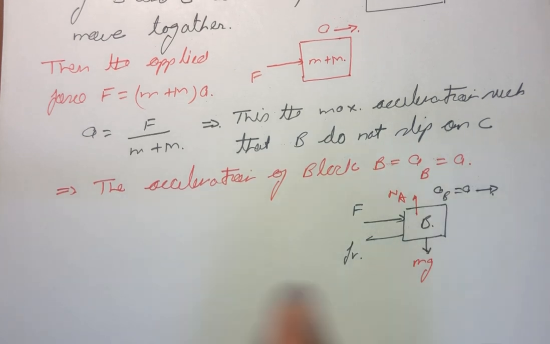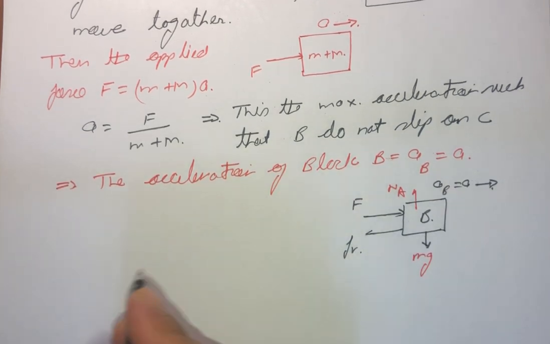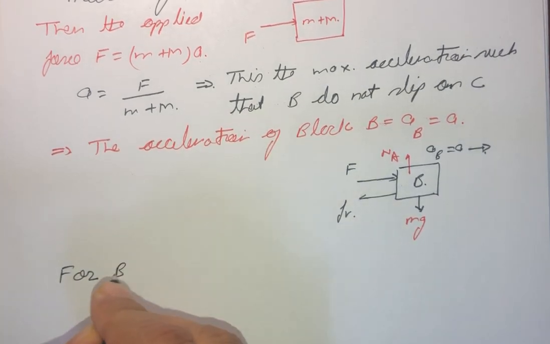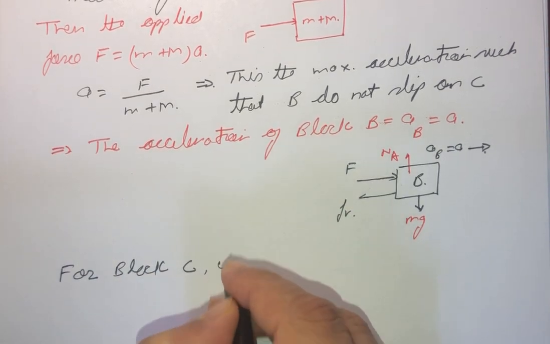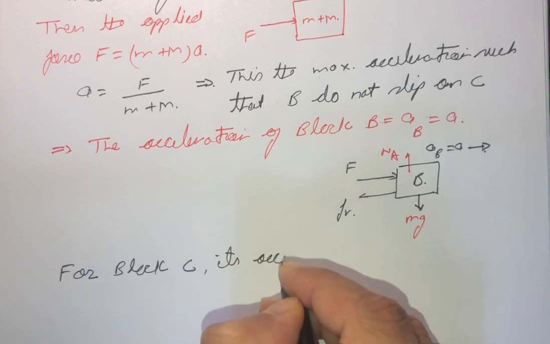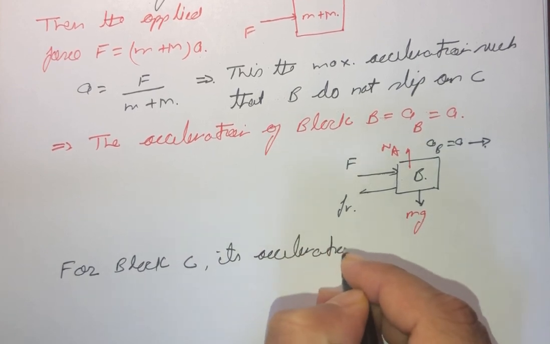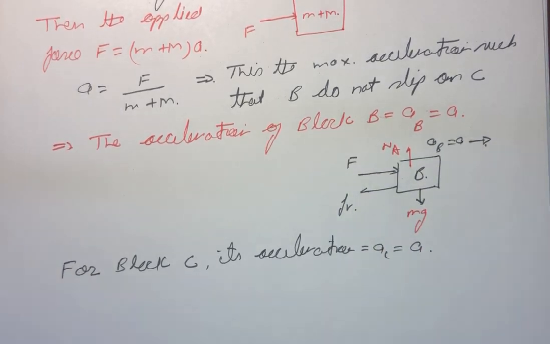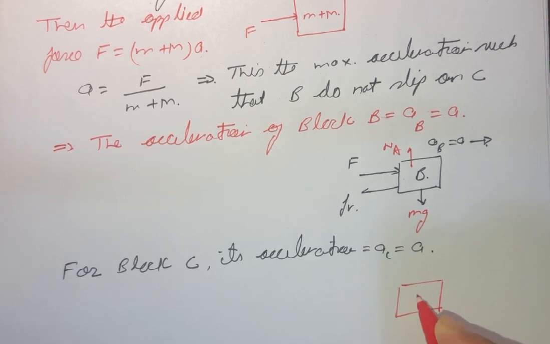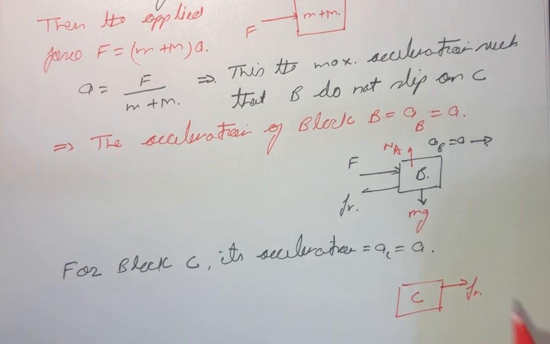And similarly for block C, its acceleration is equal to AC, which is equal to A. So this is our block C, and we have our Fr.